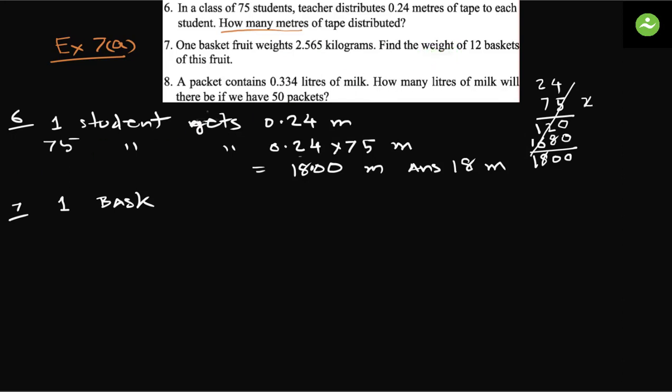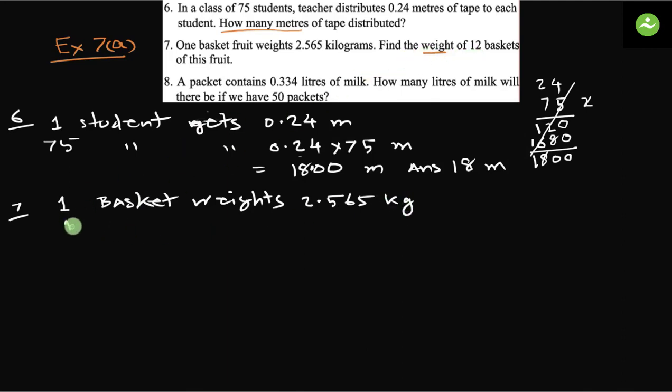Weight means kilogram. So the quantity with kilogram we put on the right. One basket weighs 2.565 kilogram.